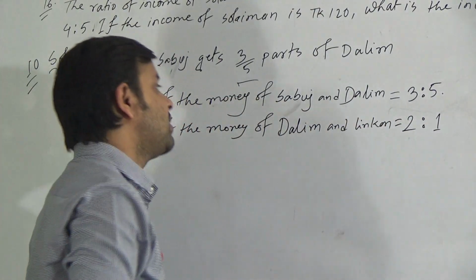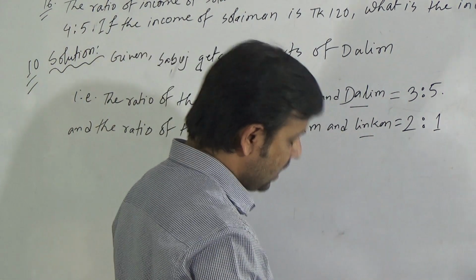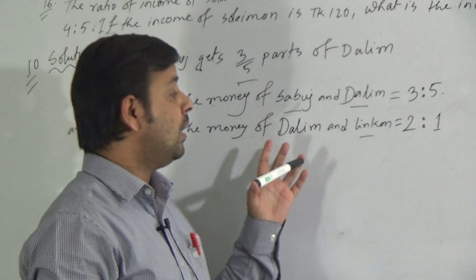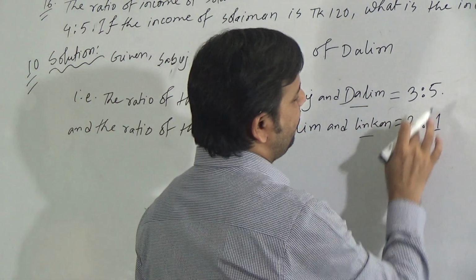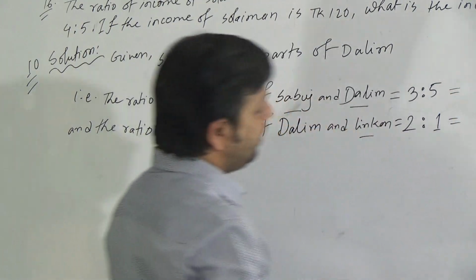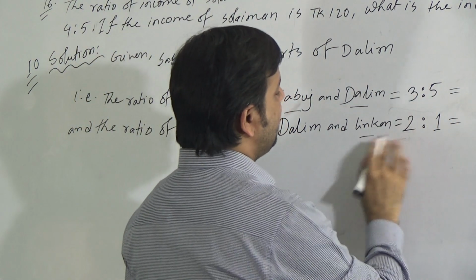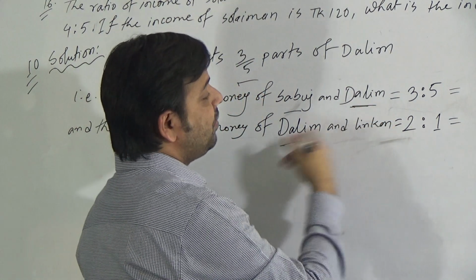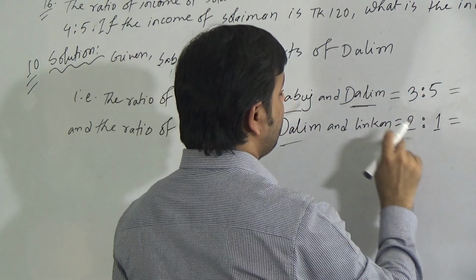Now here are three persons. One is Shobuj, another is Dalim, and the last one is Lincoln. Dear students, to divide the money among these persons, we have to determine the successive ratio of these two ratios. To determine the successive ratio, we can multiply both the ratios. The first ratio we have to multiply by 2, the quantity of Dalim in the second ratio.